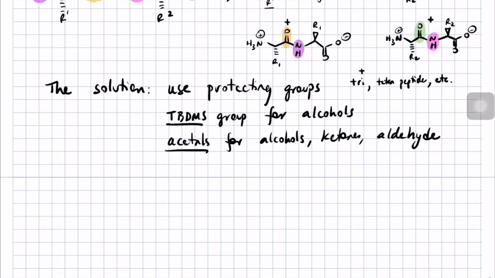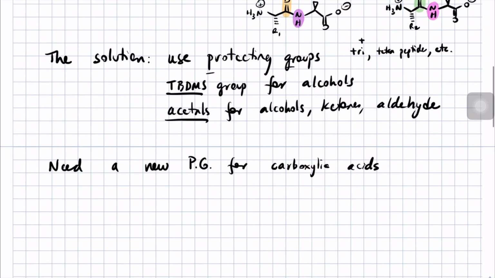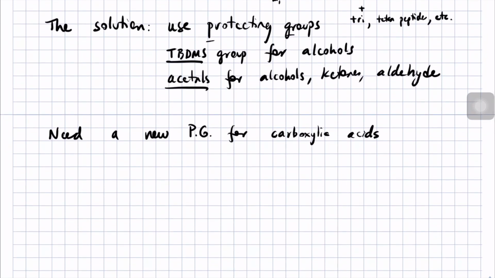We are going to need a new protecting group, PG, for carboxylic acids that will mask them and prevent them from being reactive with the DCC reagent.